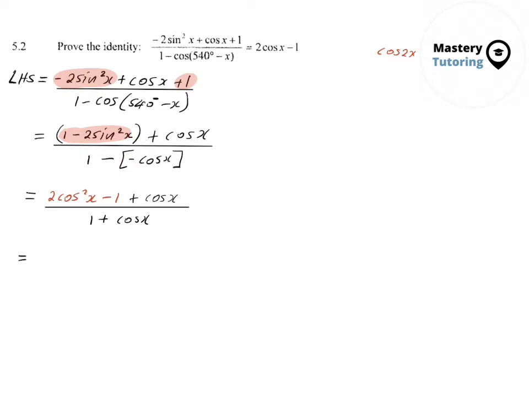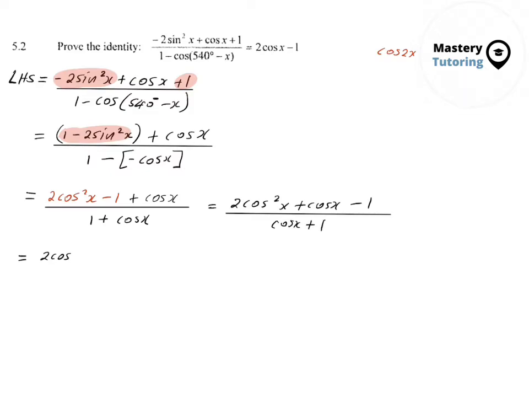All right, and then now I can rearrange this. Let me write it here: 2 cos squared x plus cos x minus 1, all over. I'll rearrange this as well and start with cos x, so I have cos x plus 1.